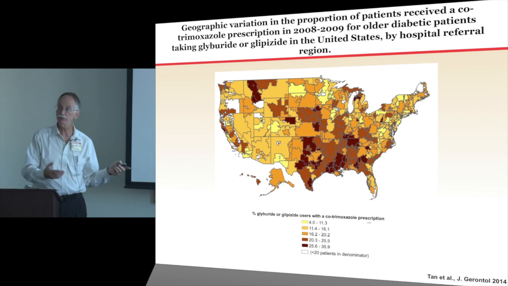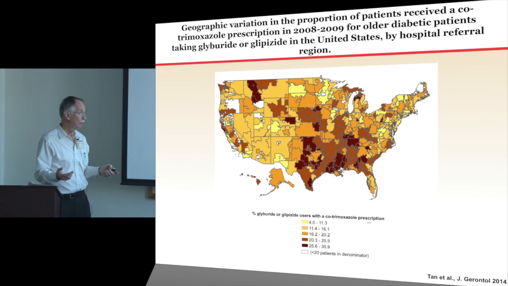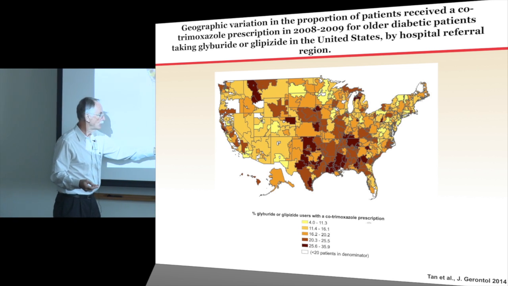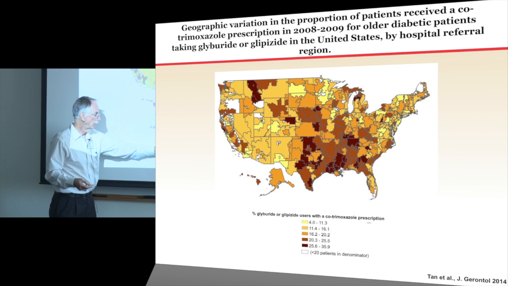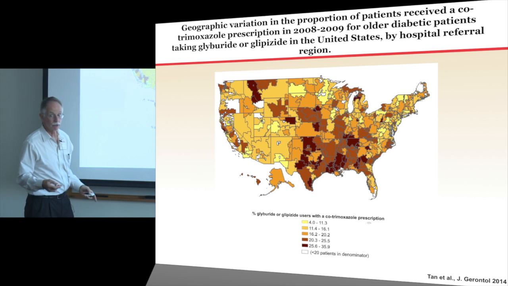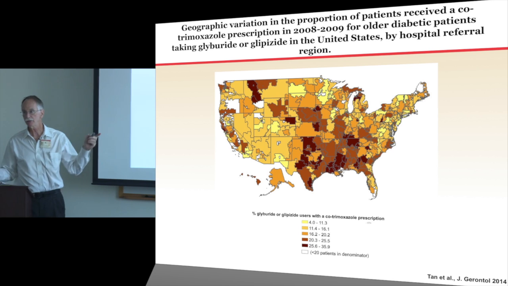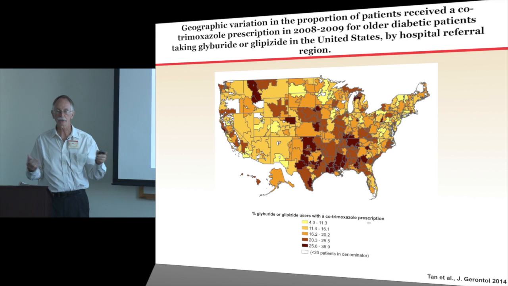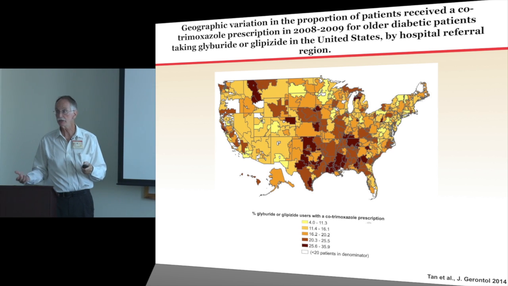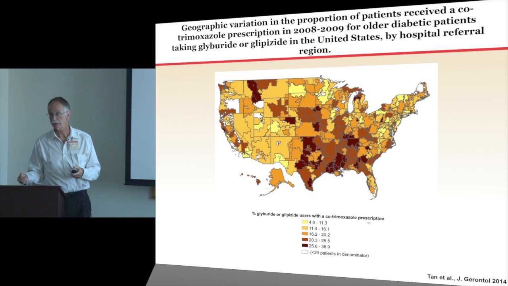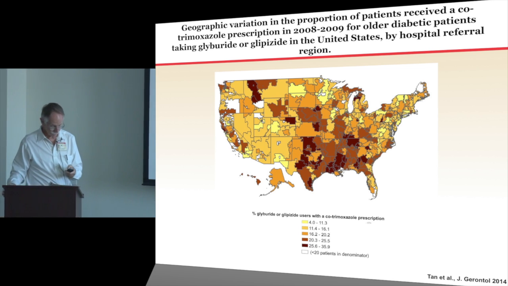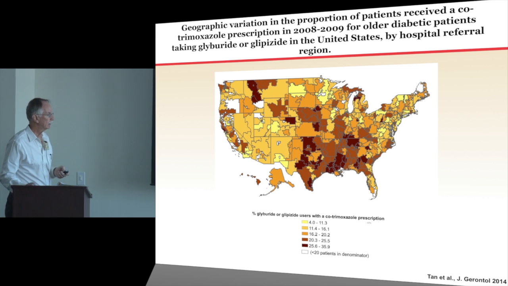In Texas, that was about 10% of the people. When you look nationally, it's a huge variation, I mean, these things down here is greater than 25%. So like in some of the areas of the country, 25% of the people who are on a sulfonylurea get Bactrim at some time during the year.